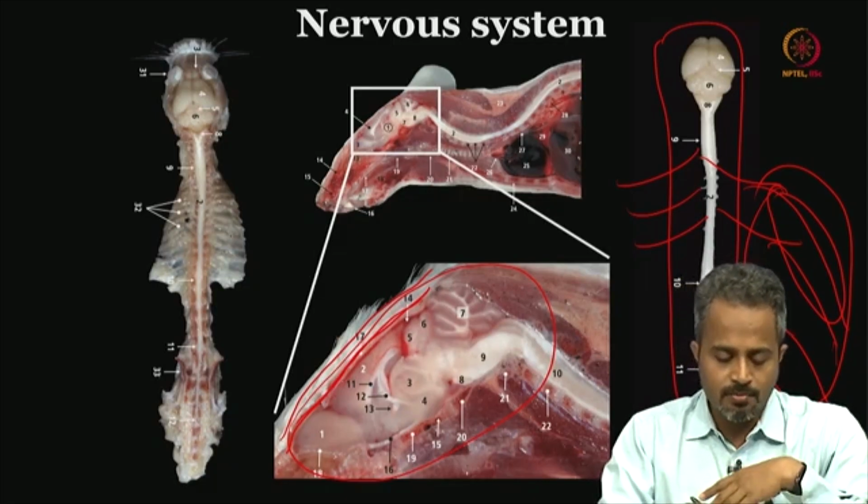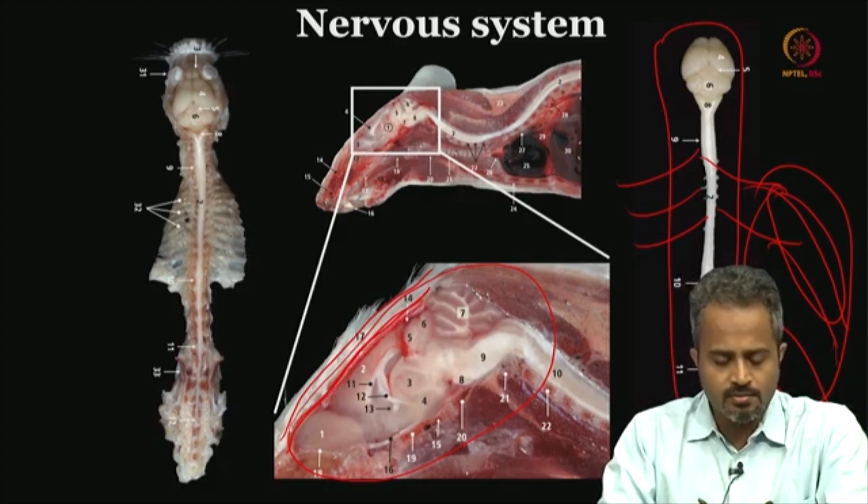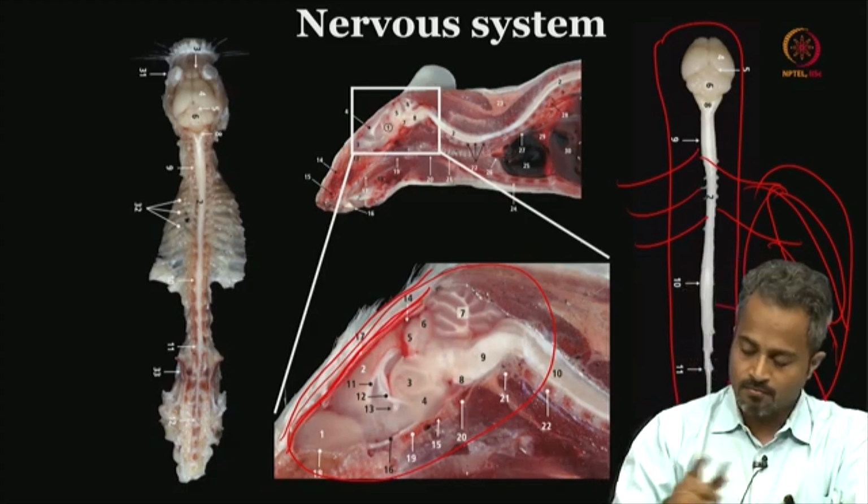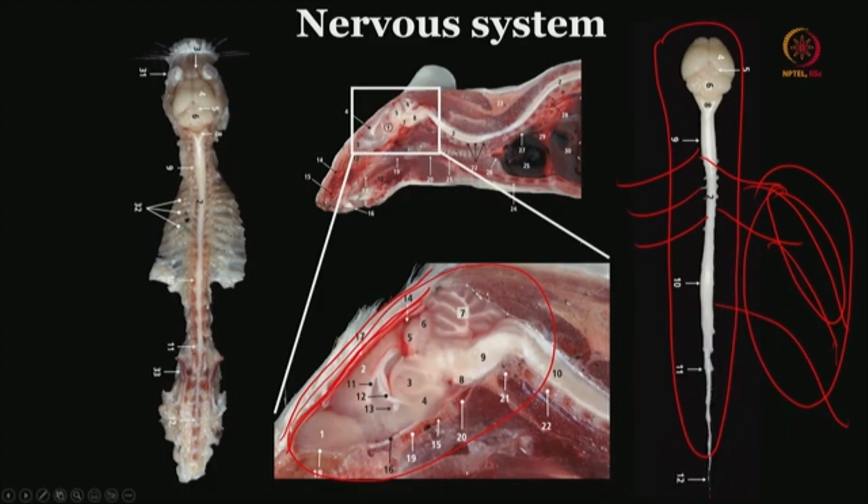So, there is a dura mater which is not very clearly seen because it is very thin, but what I want you all to see is this. Let me erase this. So, what is important to notice here is that is the bregma that we were discussing so much about, and that is the lambda.